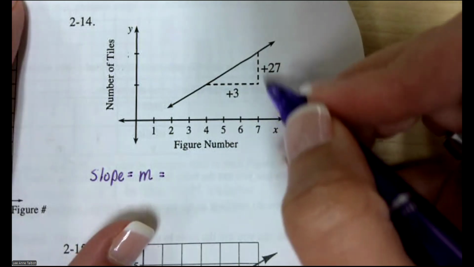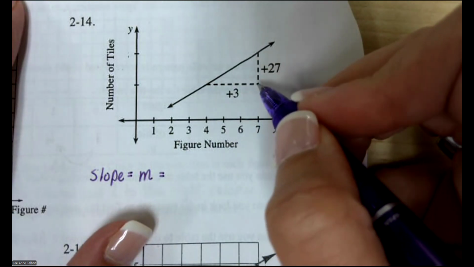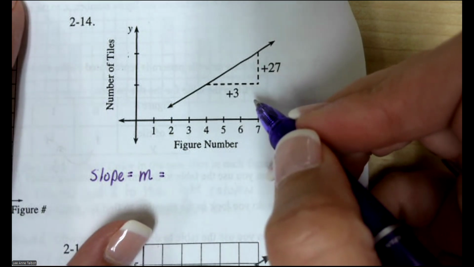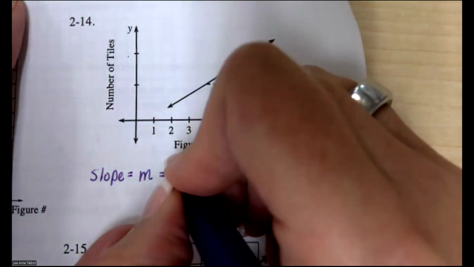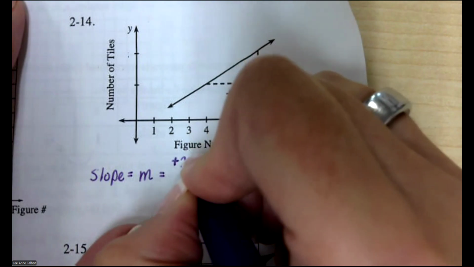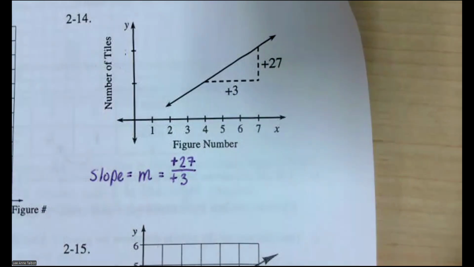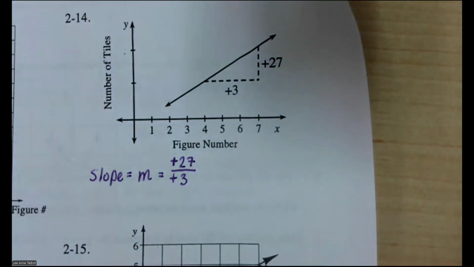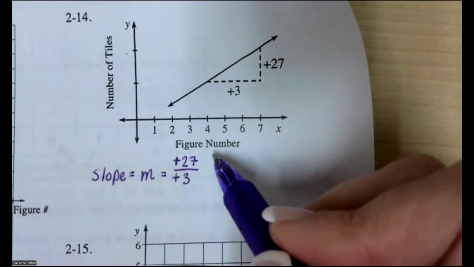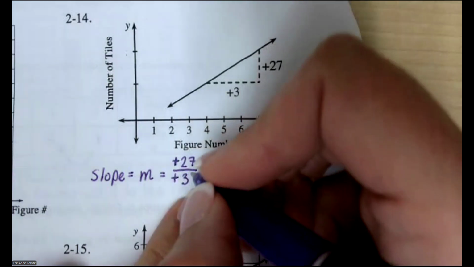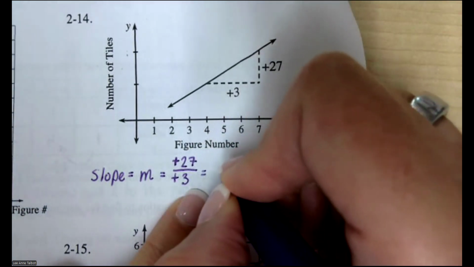This is saying my line is going to go up 27 for every 3 it goes over. So the y is going to go up 27, and the x is going to go up 3. So it goes up 27 tiles for every 3 figure numbers. So how many tiles per figure number? 9.